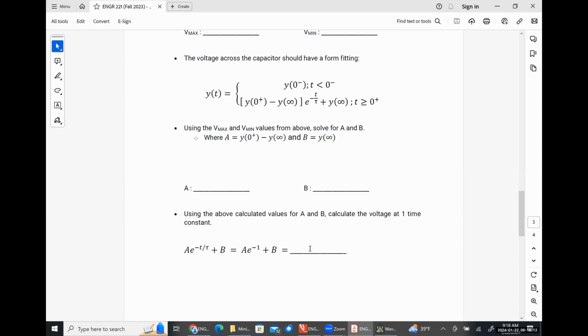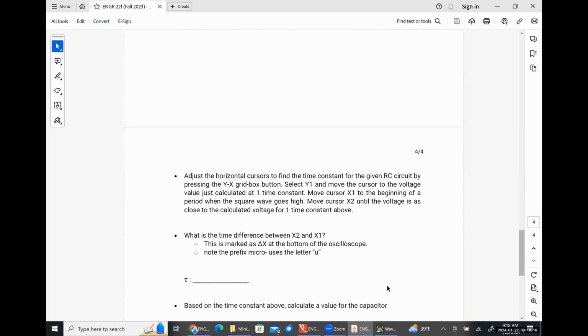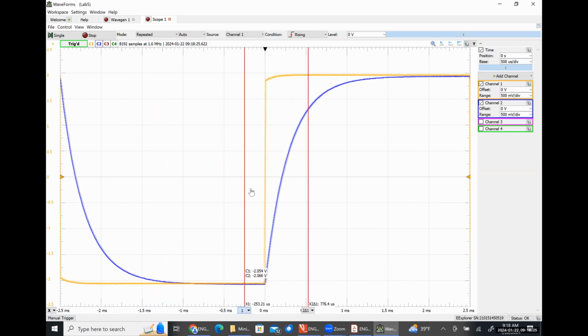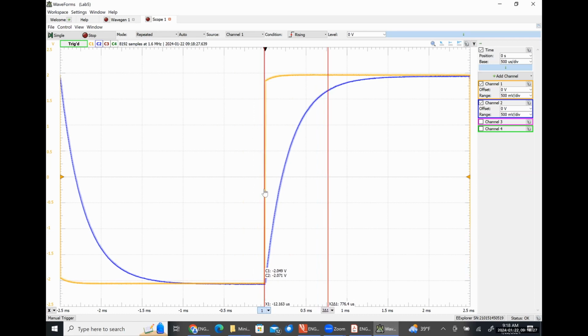So now what we're going to do is effectively move our cursors to kind of seek that out. And this is going to take me a moment to remember how to do this because I haven't used this stuff in forever. So I'm putting one cursor here at effectively t is equal to 0.